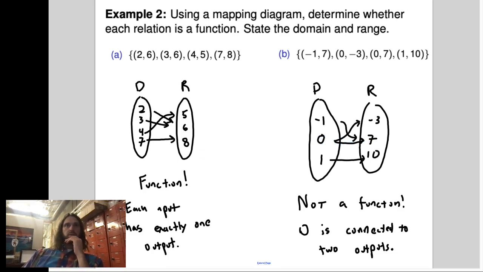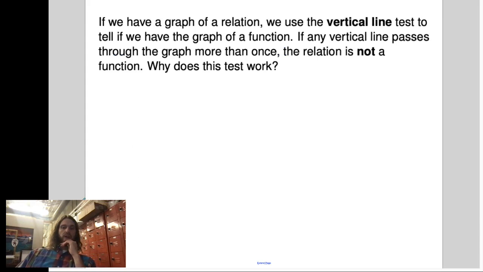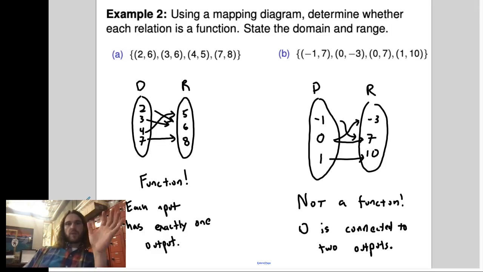All right, let's keep chugging along. So let's think really quickly. We know that if an element of the domain, one single x value, goes to multiple elements of the range, then it's not a function. But I also told you that these relations and functions can be represented in many different ways, right?